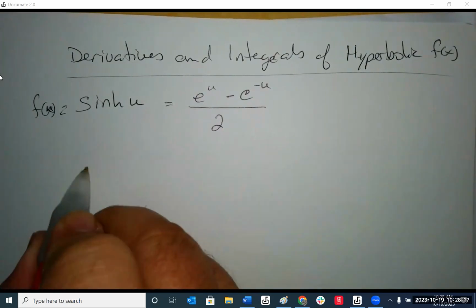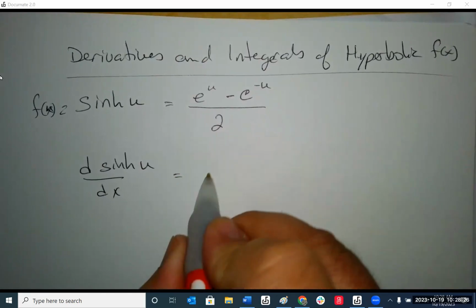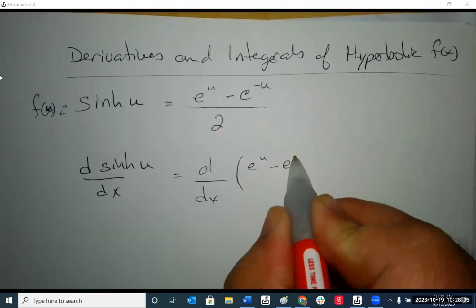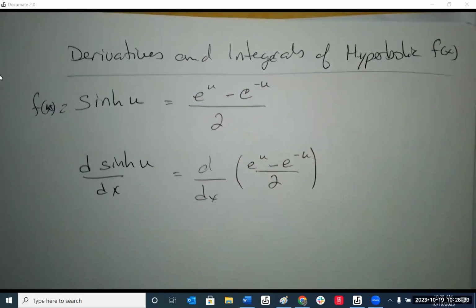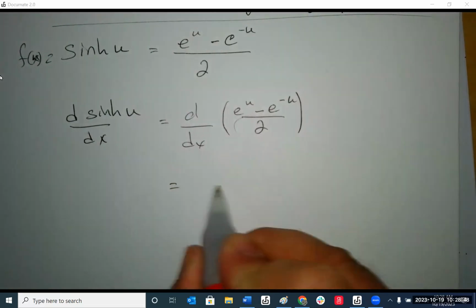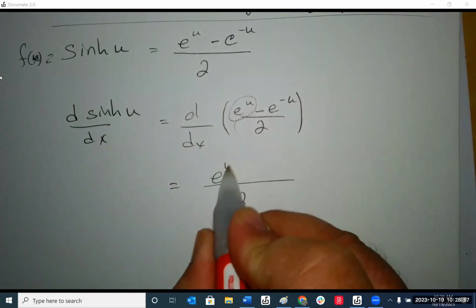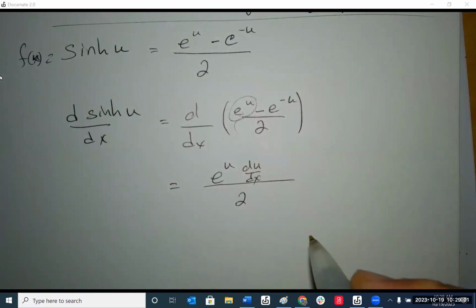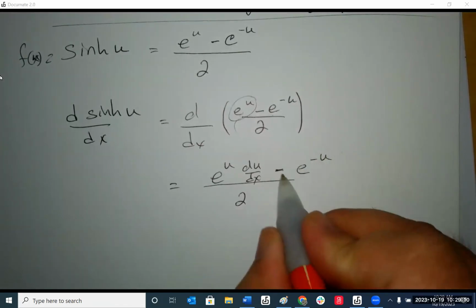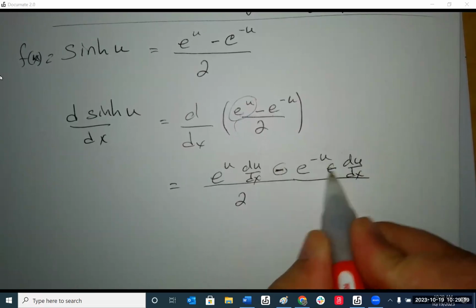So the derivative of the hyperbolic sine of u with respect to x is the derivative of that function. Since 2 is a constant, it stays on the bottom. We have the derivative of e^u, which is e^u, times the derivative of the exponent, minus e^(-u) times the derivative of the exponent, which will make it negative, du/dx. So these two cancel, making it a positive.